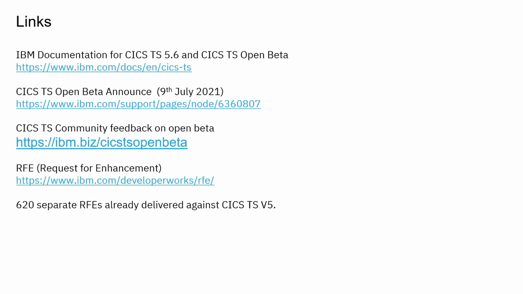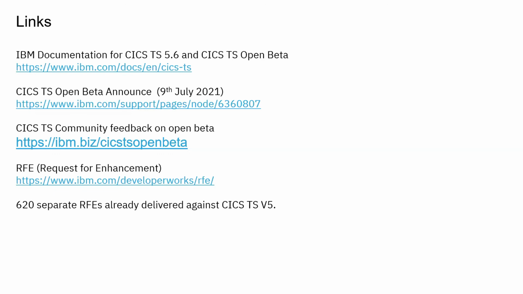So that was a bit of a whistle-stop tour of all the changes. As you can see, the fact that it took 50 minutes explaining that there's a lot of enhancements in the 5.6 and also in the open beta. I've given some references, which are the open beta documentation. Also, the open beta was announced 4 days ago, and that's a link to the announcement with all the other features as well as the security features.